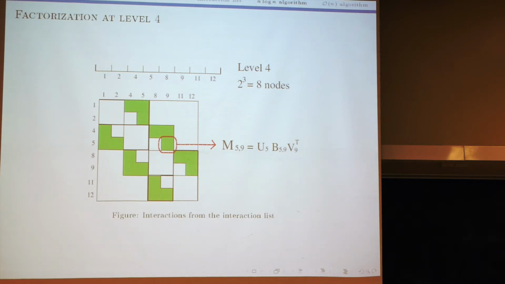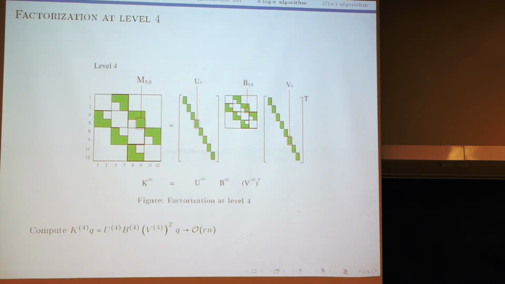And the column basis for each block row I only depends on I. Here for block row 5, the column basis only depends on node 5. And this gives us a factorization of the whole matrix here.